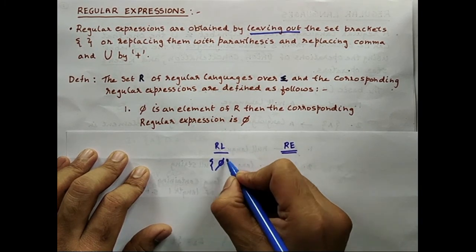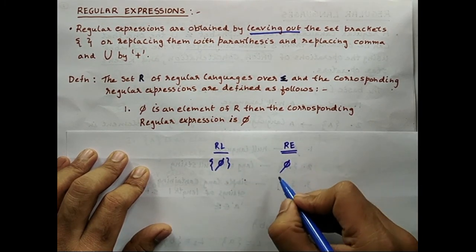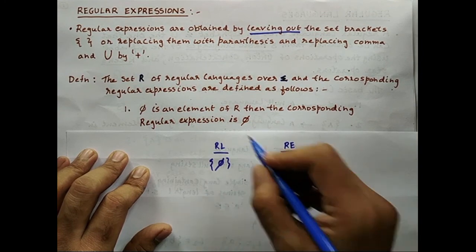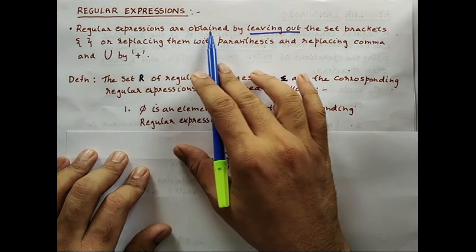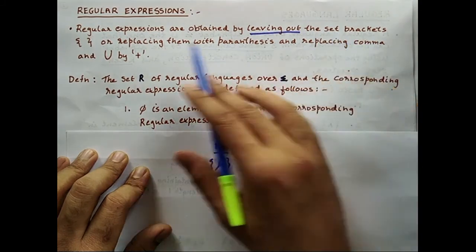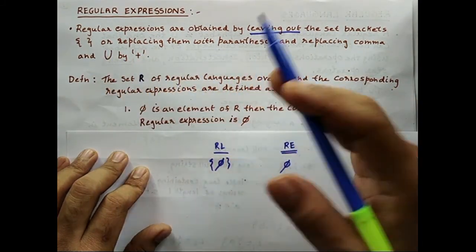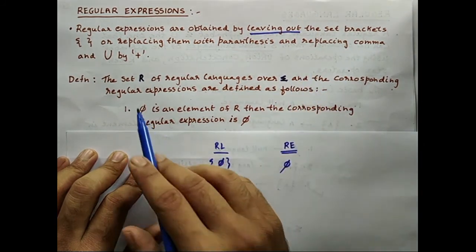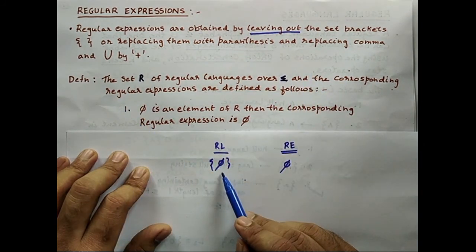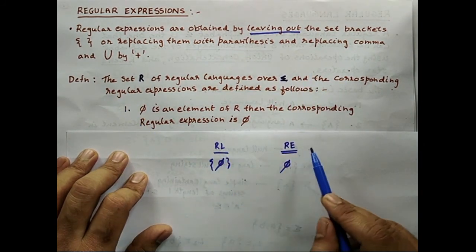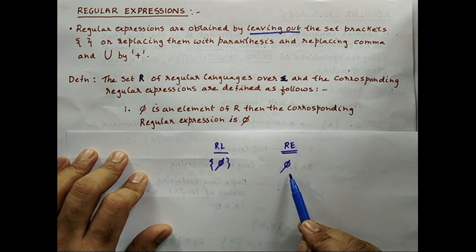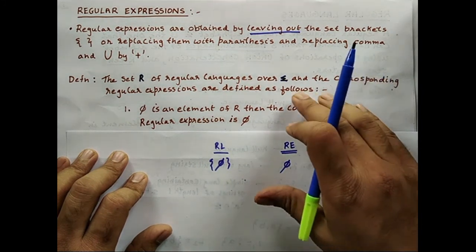If there was a curly bracket here, then in the regular expression this curly bracket will be dropped, because regular expressions are obtained by leaving out the set brackets, or sometimes by replacing them with parentheses. I will let you know when. So first, if phi is a regular language, then the corresponding regular expression is also phi without brackets.